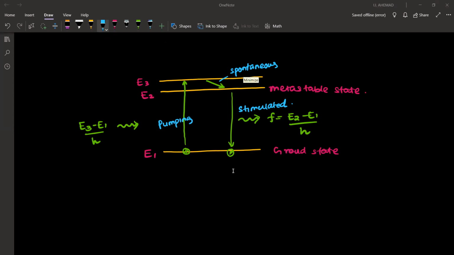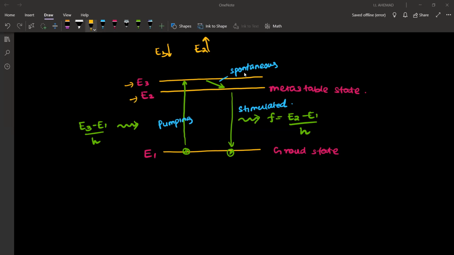After that, this level is not very stable. When we compare E3 and E2, E3 is much less stable, E2 is comparatively stable. Pumping means exciting. So after exciting, it goes to this level.